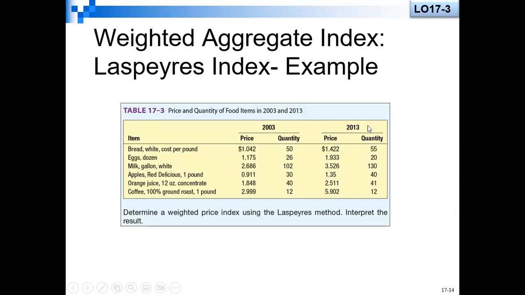You are not looking at the quantities of 2013. You are looking at the quantities of 2003. What will it cost you today if you were to combine those goods in the same way, okay?